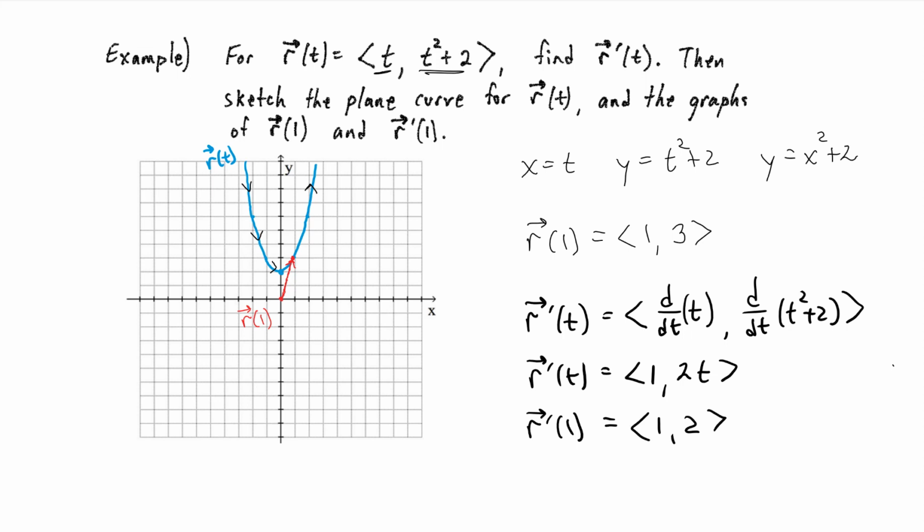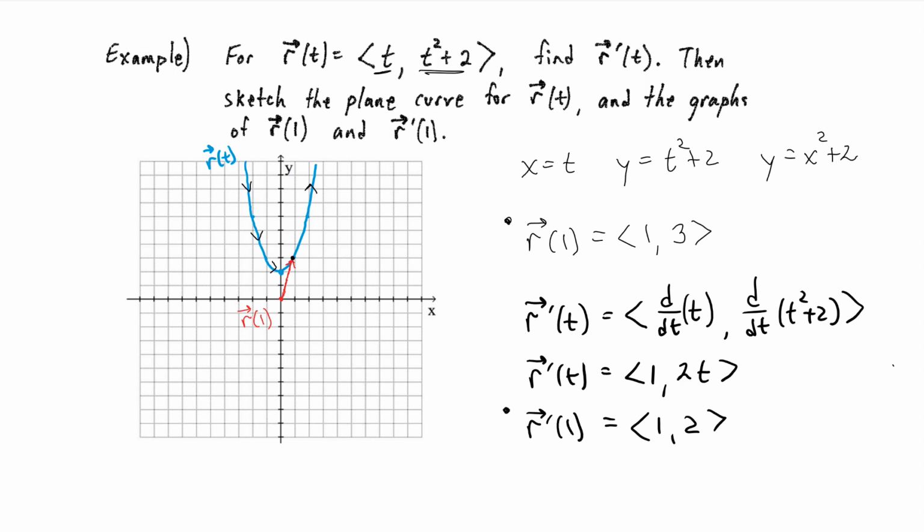So earlier we found this, where we plugged in 1 to the regular vector valued function and got 1, 3. We got this terminal point right here. Now it turns out that's going to be the initial point when we go to plot this vector down here. So the terminal point of r evaluated at 1 is going to be the initial point for the derivative of r at 1. And then the 1, 2 is how we go find the terminal point.